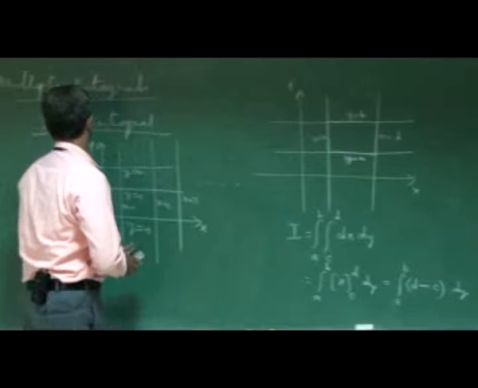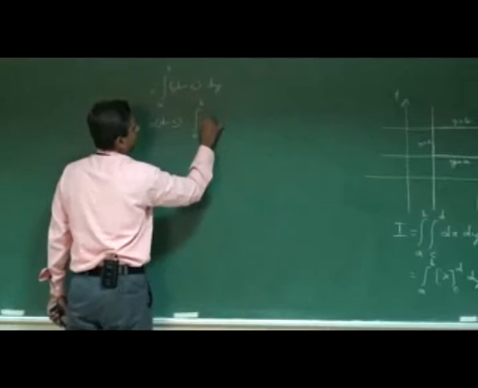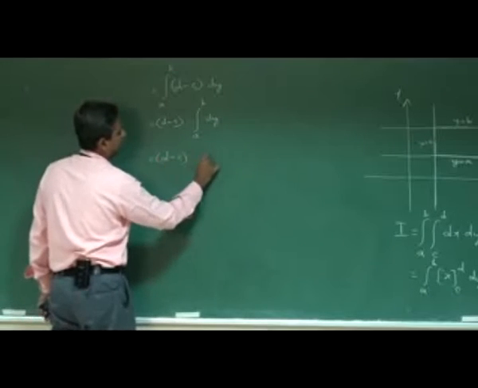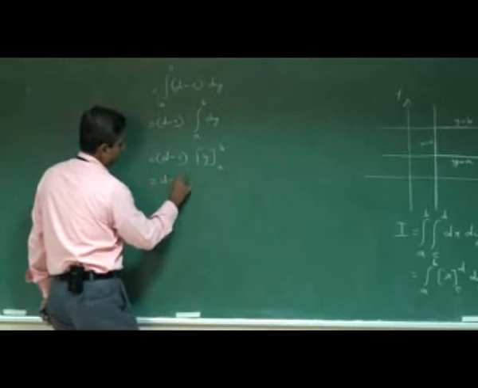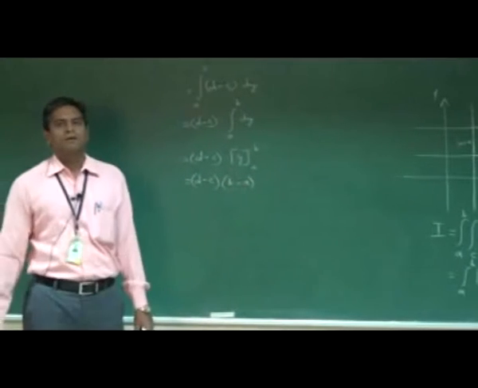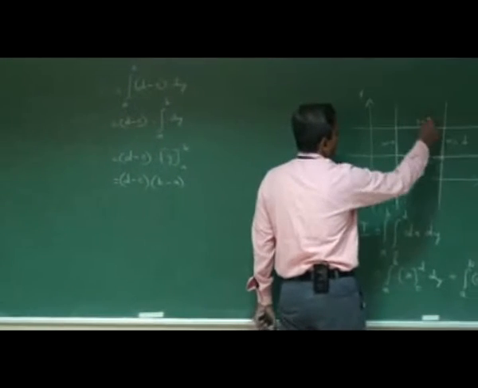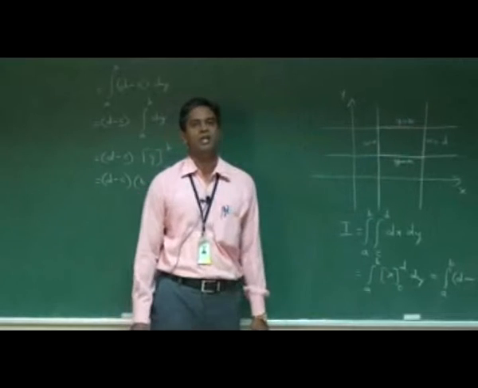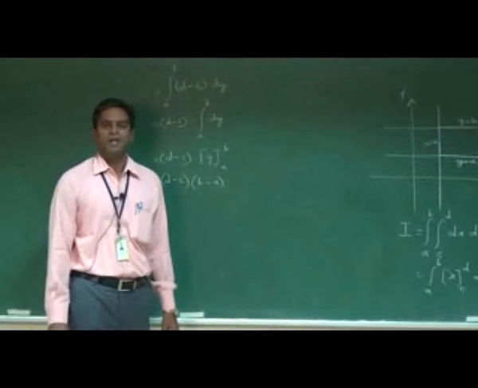So d minus c is treated as a constant, and then we take the integration of y only, and we take the integration (d minus c) into y, the limit varies from a to b, we have got (d minus c) into (b minus a), and we give the values y equal to a, y equal to b, and x equal to c, and x equal to d, we have got the area of the rectangle.